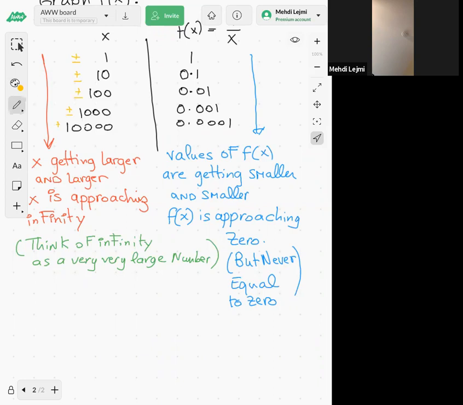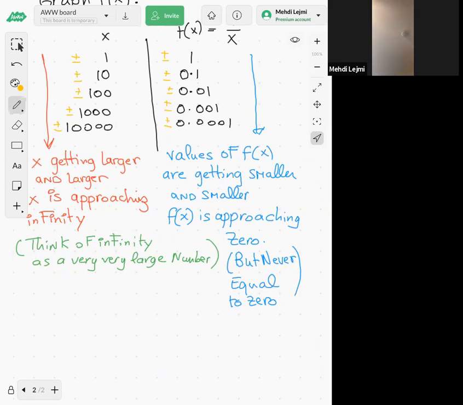All right, so the same remarks apply for negative values of x. I mean, if x is negative 10, obviously f of x would be negative 0.1, right? So the same remarks apply for the negative case.